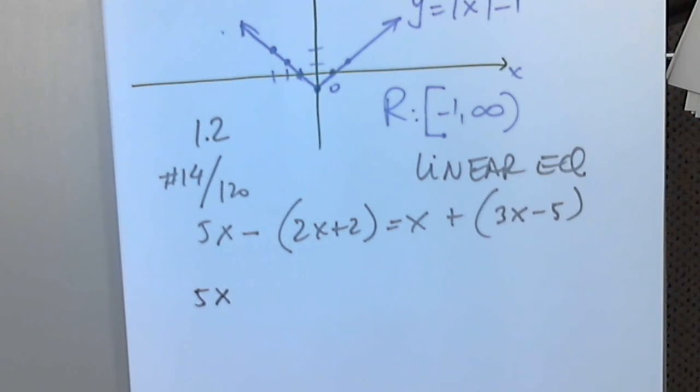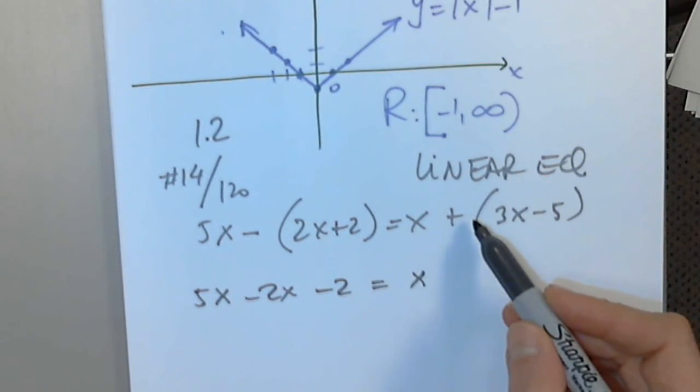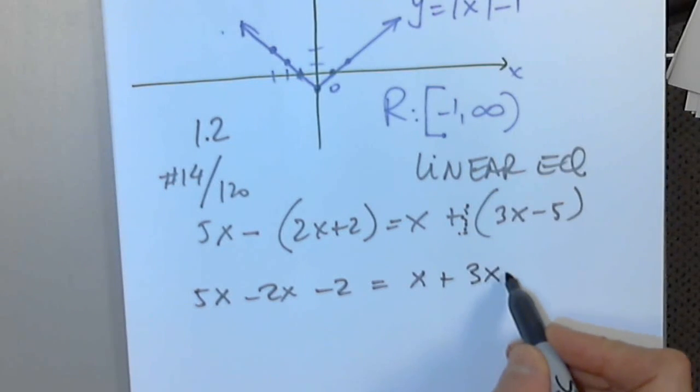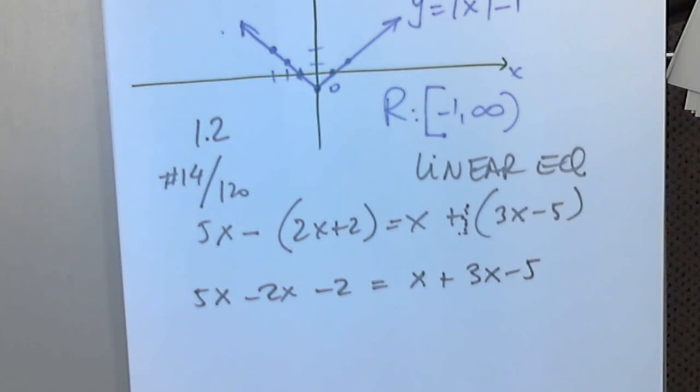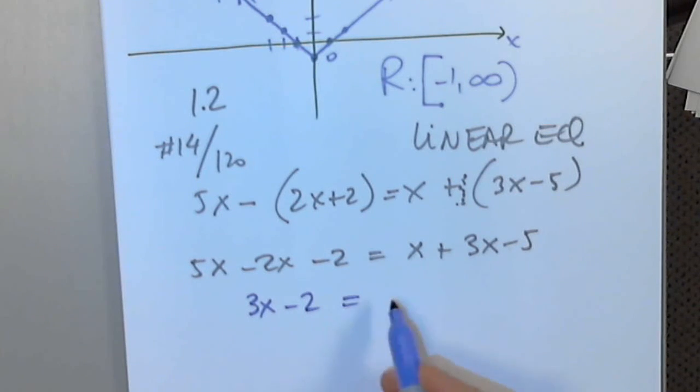So I have 5x, and then I write minus 2x. Very good. Here I have positive 1, so I can drop the parentheses. In the next step, I have to combine like terms. So when I combine like terms on the left, I get minus 2, and on the right?